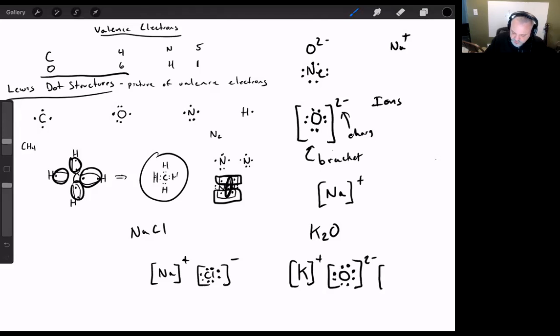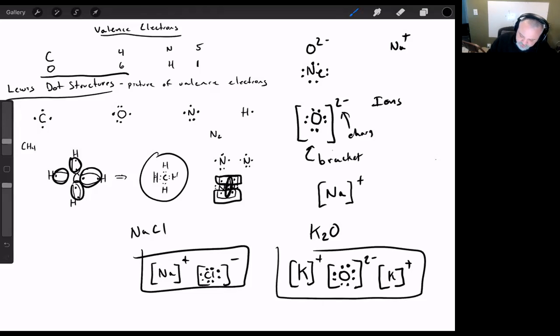Oh, so I need to draw the other potassium. This is how you do it for ionic compounds, because remember, ionic compounds don't actually share electrons. They're just charges that stick together.